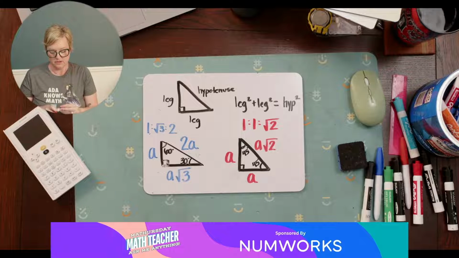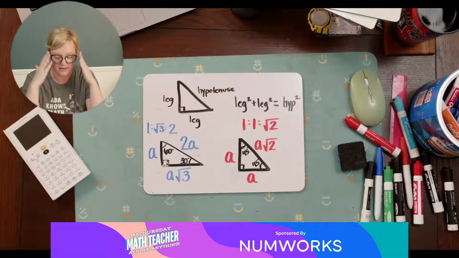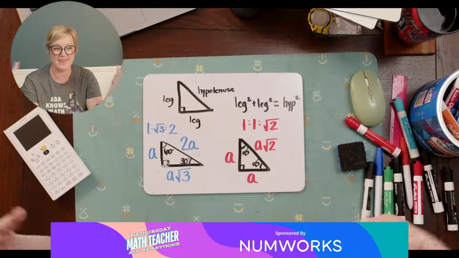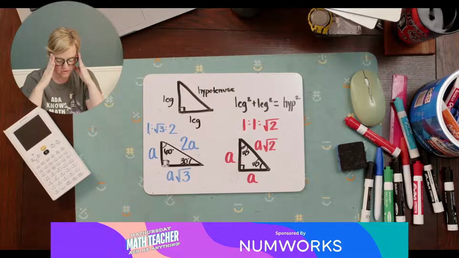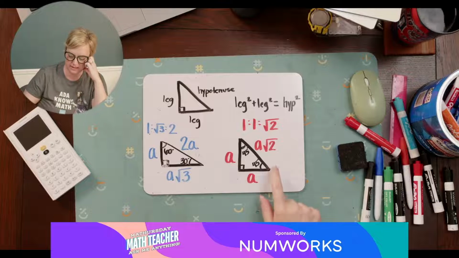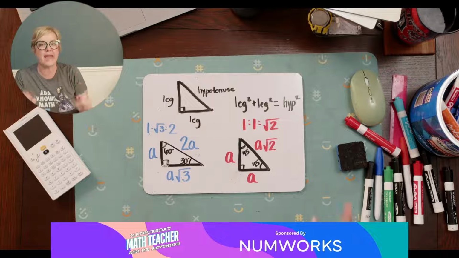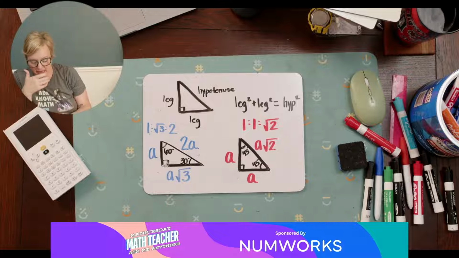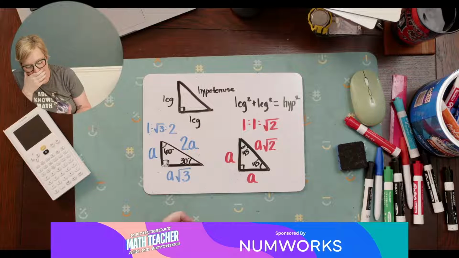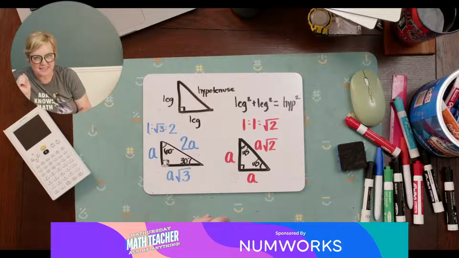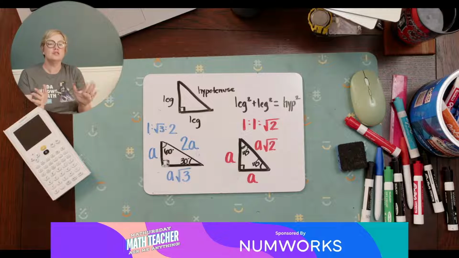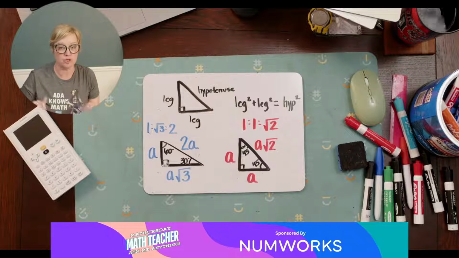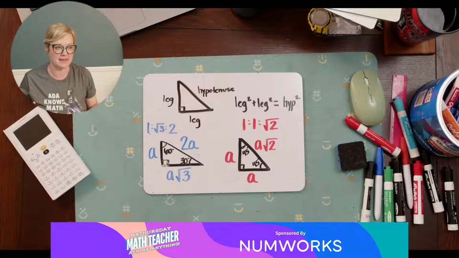Okay. So how do we remember this? There's a lot of different ways to remember it. The way that I personally remember it, it just kind of works for me, is that there's two main things as I start thinking about it. The first main thing is, is it root 2 or is it root 3? That's a big thing that you have to remember.